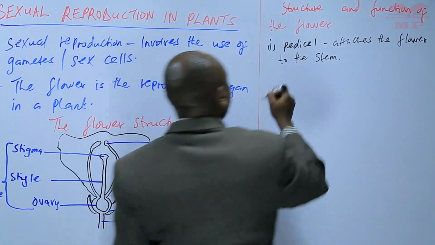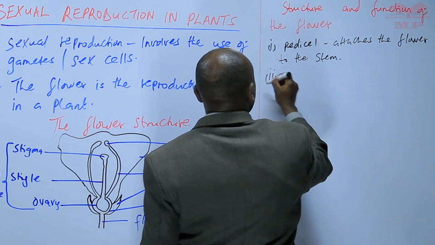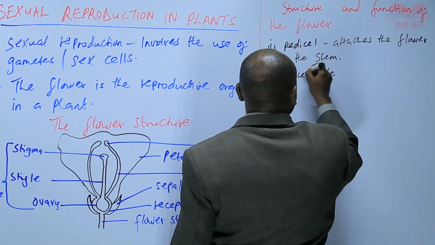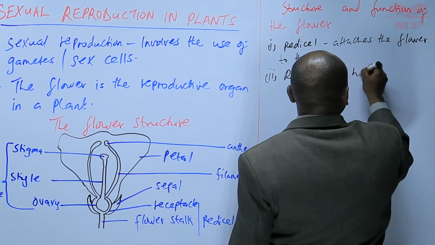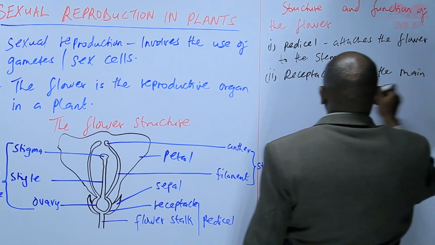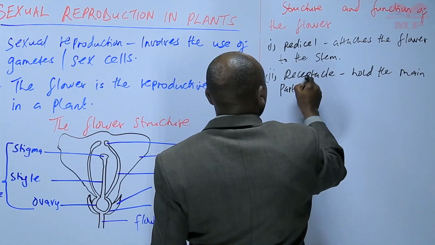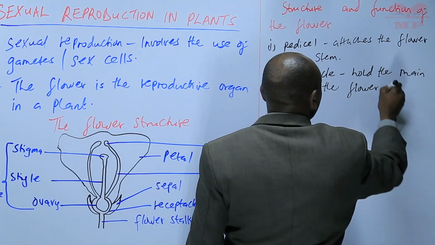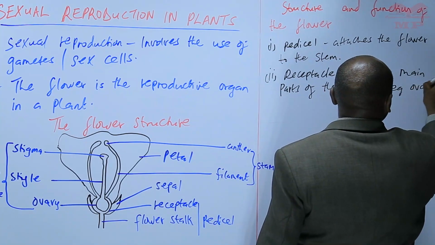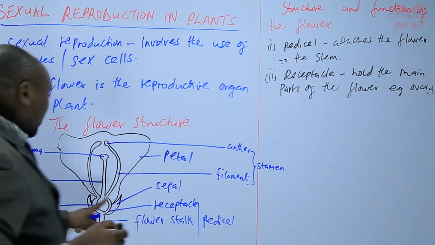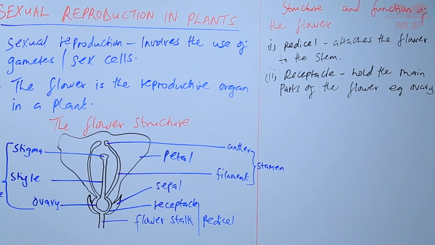Then we have number 2, the receptacle. And this one holds the main parts of the flower, e.g. the ovary, the petals, and so on and so forth. They are held by the receptacle.